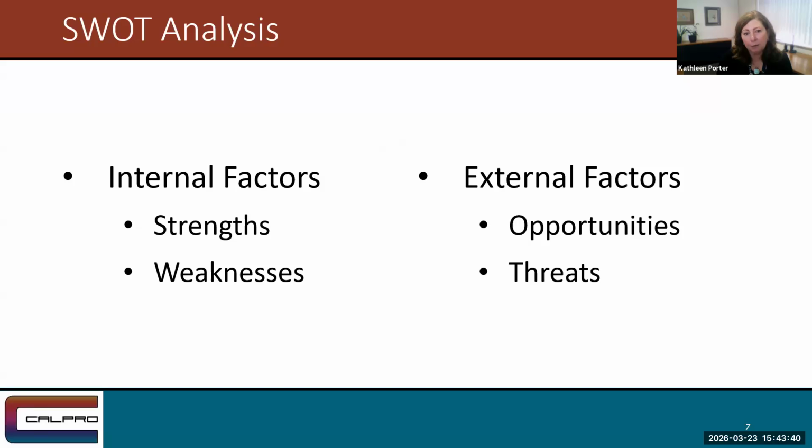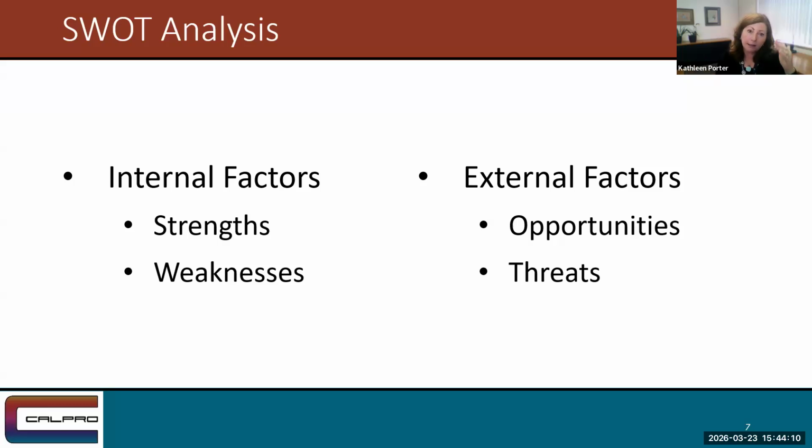So when we are starting to consider our capacity to implement some of these strategies, we would want to start maybe with this little mini SWOT analysis. And so let's just walk through what a SWOT analysis is. It's basically a quadrant where you're going to think about internal factors and external factors.